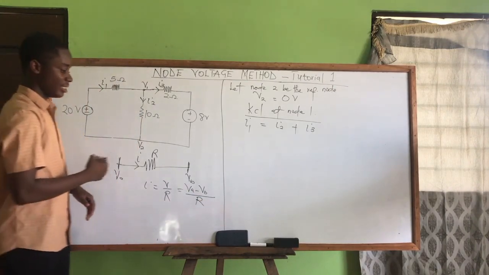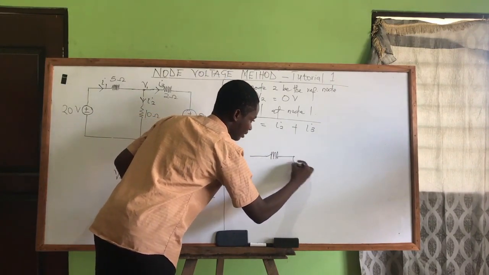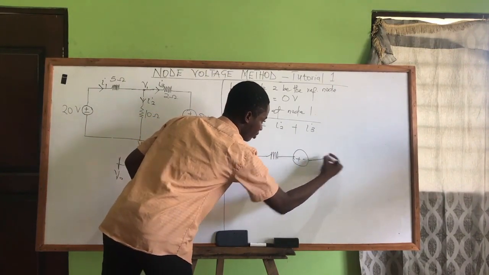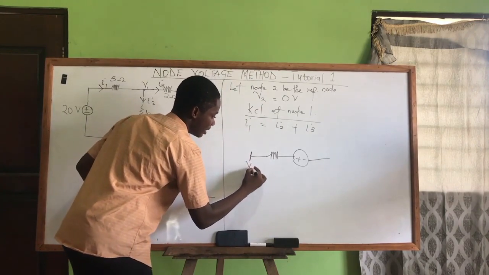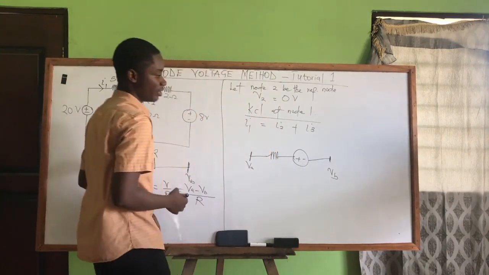Here is another scenario. I have a resistor, a voltage source, and two nodes, node voltage VA and node voltage VB.